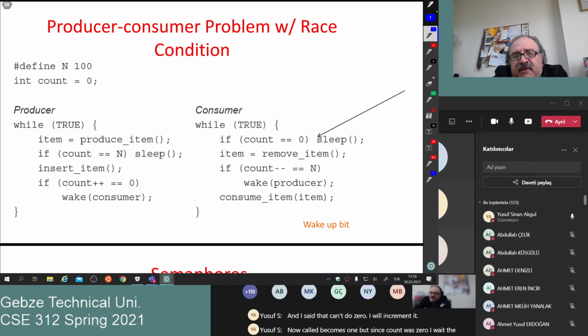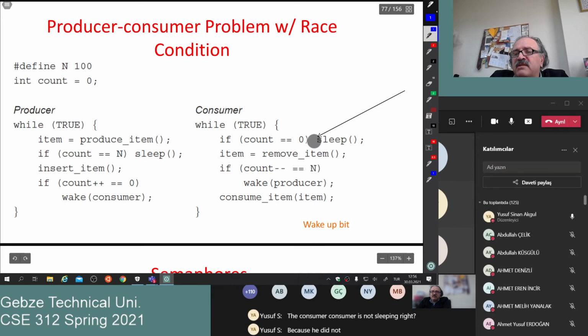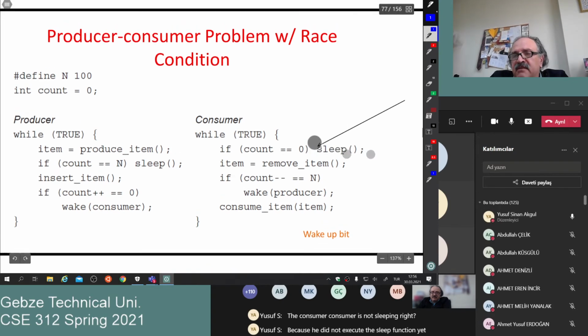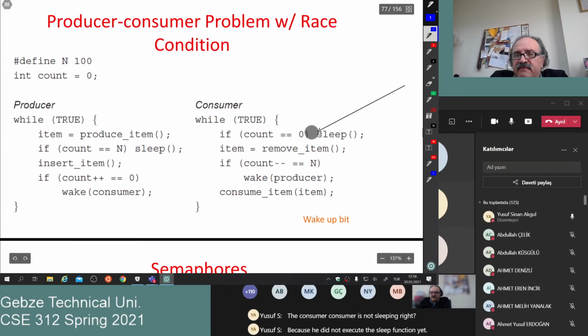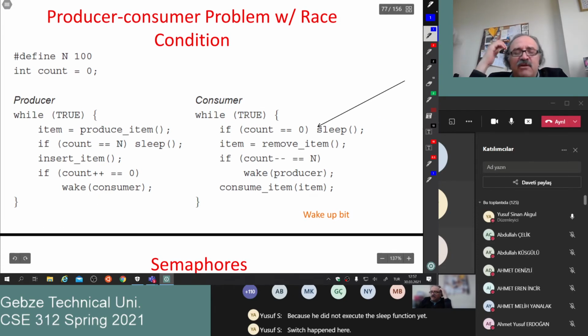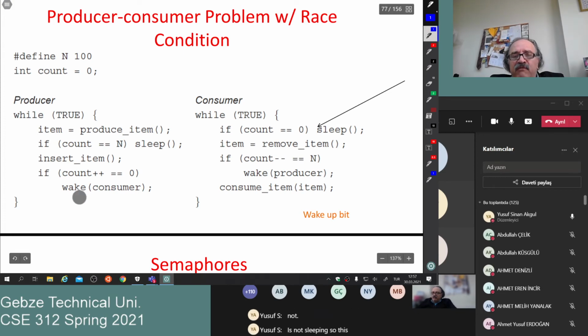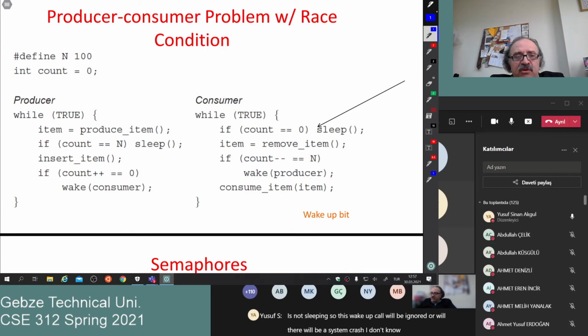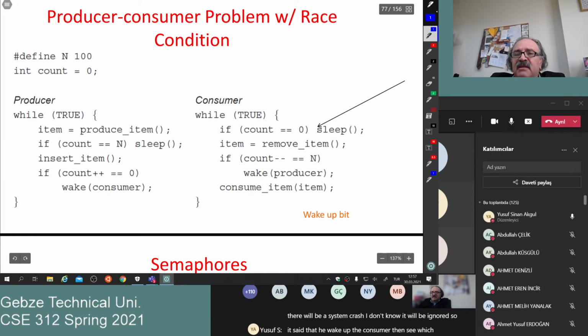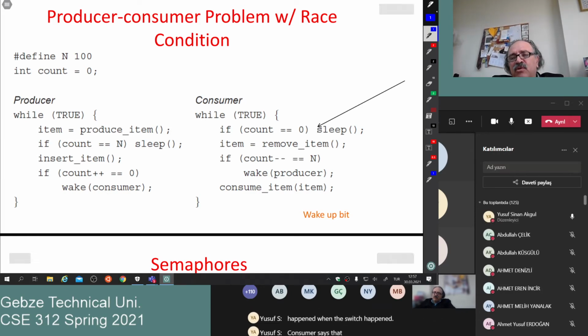Consumer is not sleeping, right? Because it did not execute the sleep function yet. The switch happened here. So it will try to wake the consumer, but the consumer is not sleeping, so this wake-up call will be ignored, or there will be a system crash, I don't know. It will be ignored. When the switch happened, the consumer says, okay, I am going to sleep.